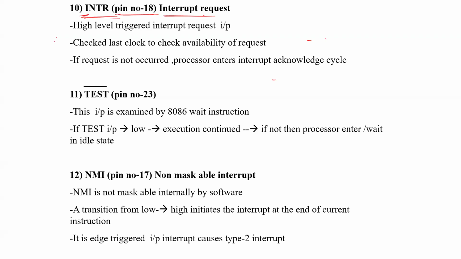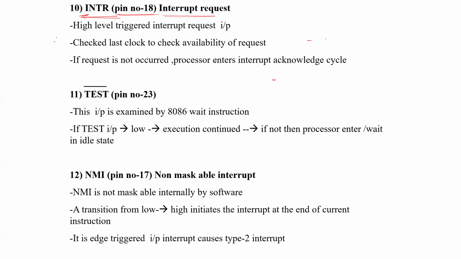What is the meaning of this interrupt request? That means I'm requesting the microprocessor, please stop your current work, stop your current activity, and do the work that I am giving to the microprocessor.